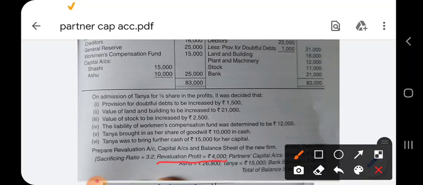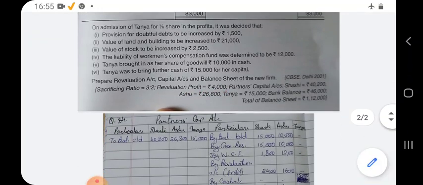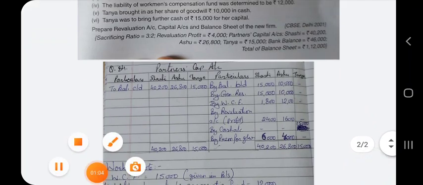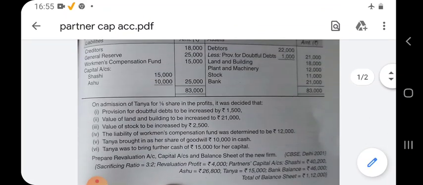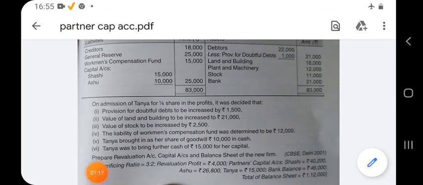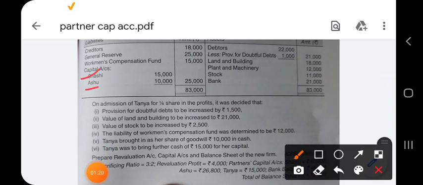Okay, so for preparing partners capital account, the first thing we need to do is prepare columns. As you can see here, this is the debit side and this is the credit side. In this question, there are two partners, Shashi and Ashu, and one new partner entered, the admission of Tanya.